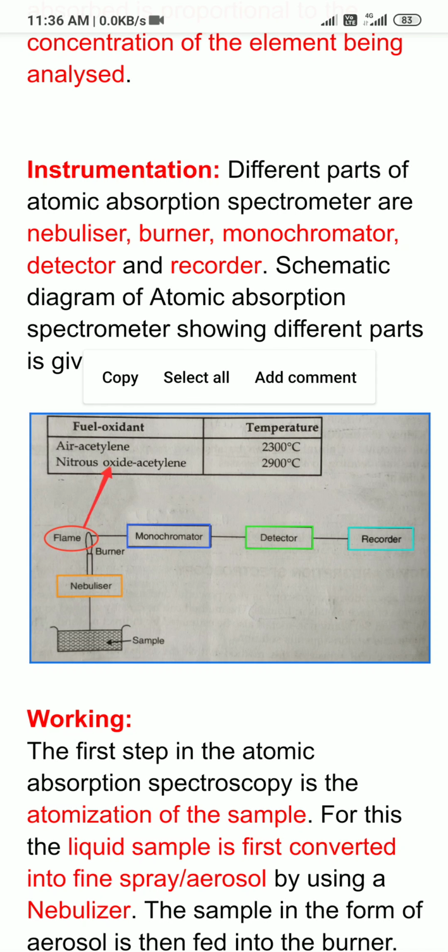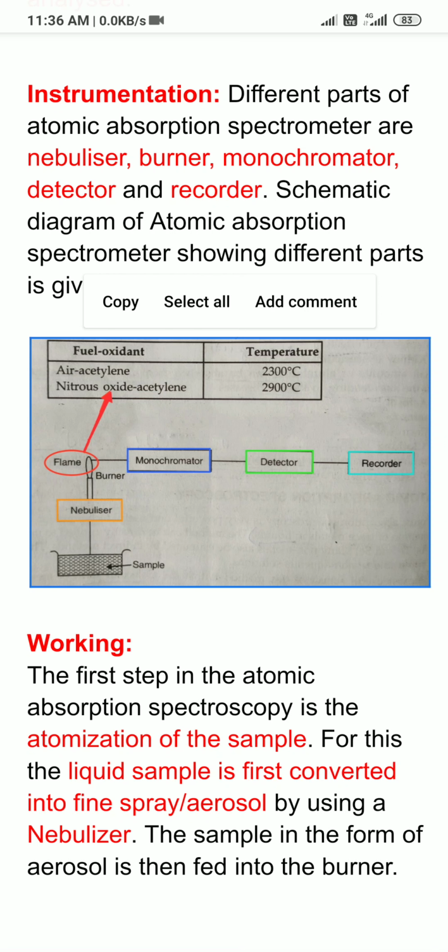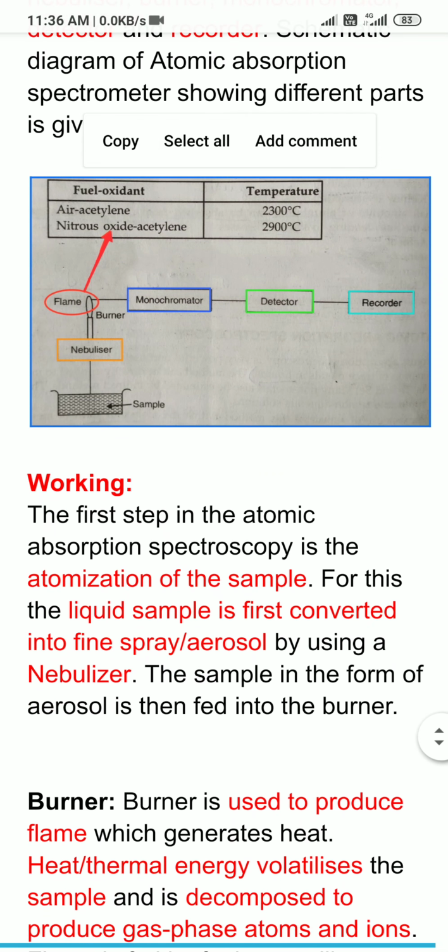Sample will absorb heat from the flame, and then we are having a monochromator marked in blue rectangle, and which is then connected to detector marked in green rectangle, and which is finally connected to a recorder in olive blue rectangle. So now I am coming to the working. I shall discuss working of each part of the atomic absorption spectrometer one by one.